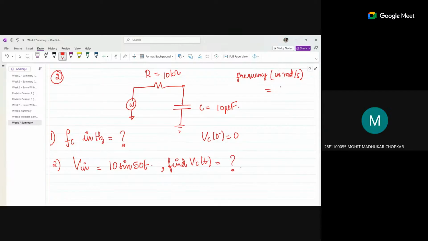In radian per second, it is nothing but omega naught is 1 by RC. Yes. So please look at the unit before using the formula. If it is hertz, use 1 by 2 pi RC. And if it is radian per second, then 1 by RC. Yes, exactly.